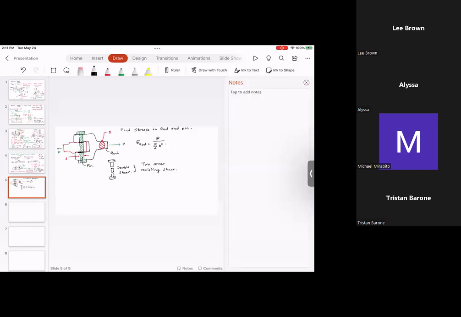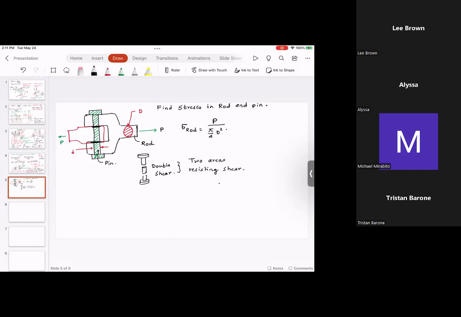So the shear stress tau pin is going to be P divided by 2 times the area, which is pi by 4 d square. Everyone understood this? If you have a knuckle joint, then you would have failure of the pin and failure of the rod.